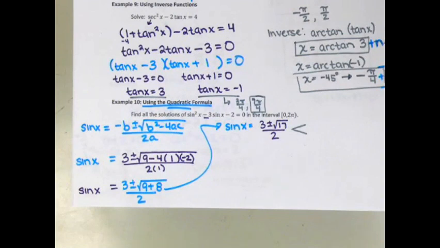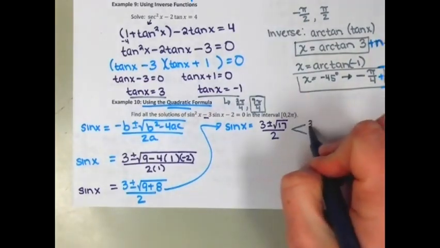So tell me, do the plus sign first. 3 plus the square root of 17. What'd you get, 8? Okay, hit the double arrows at the bottom of your thing, right above the enter. 3.56.